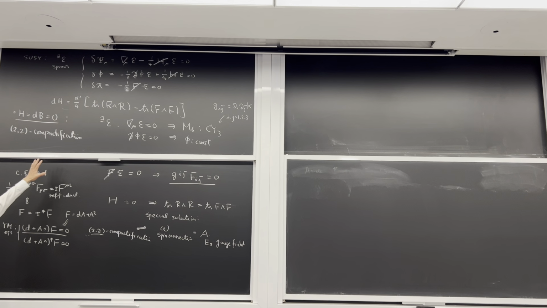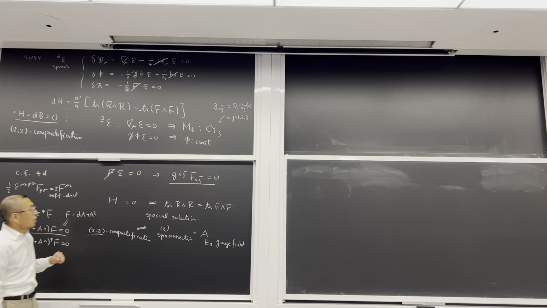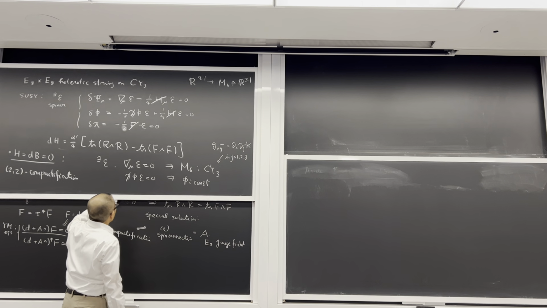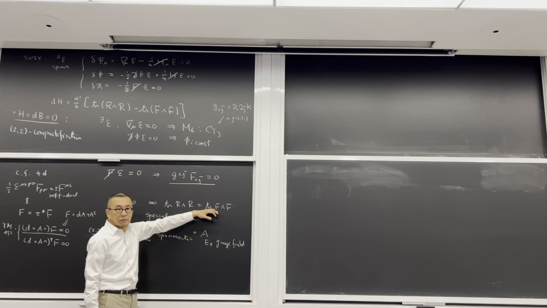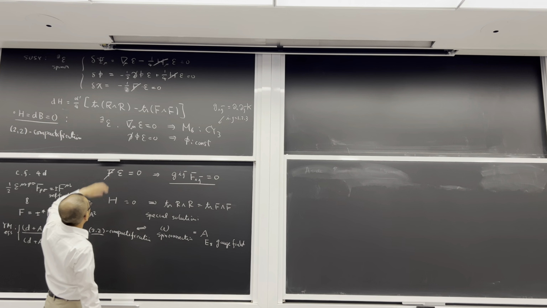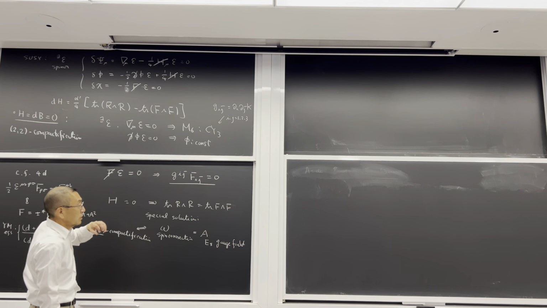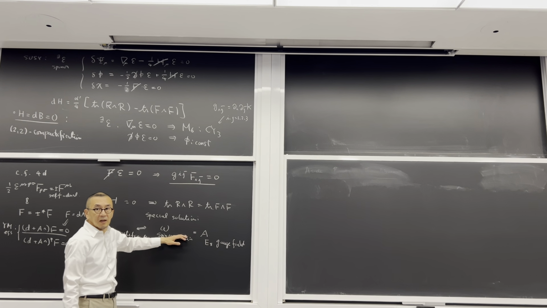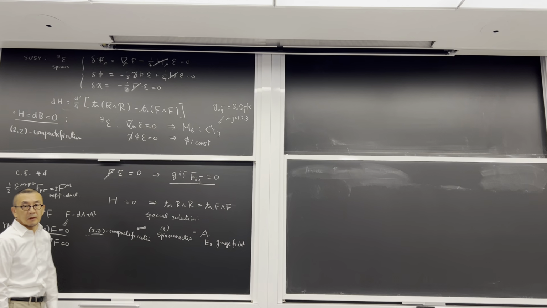There is a more general class of solutions to this equation, where you can solve the equation that R wedge R is equal to F wedge F, or more generally R wedge R minus F wedge F is in a trivial cohomology class, but it still satisfies this equation, in which case you are deviating from this condition.